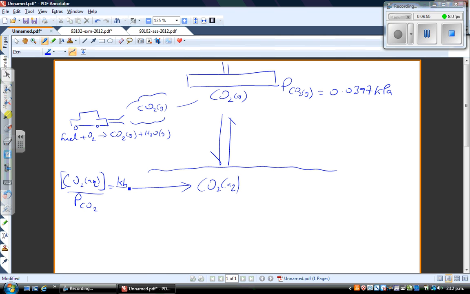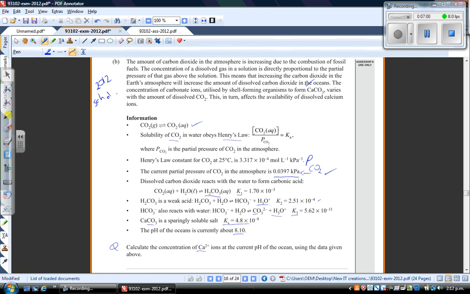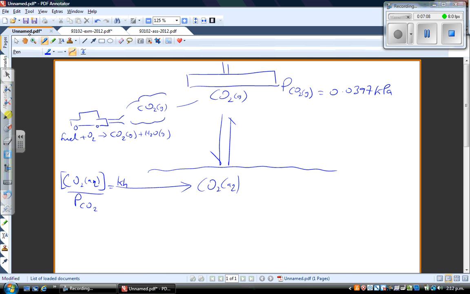Henry's constant Kh is given to us in the exam question as well, 3.317 by 10 to the minus 4. So if I go back to my scheme, that's Kh there, 3.317 by 10 to the minus 4, and the units are moles per liter times kilopascal to the minus 1, at a temperature of 25 degrees Celsius. So we've added that to our scheme as well.